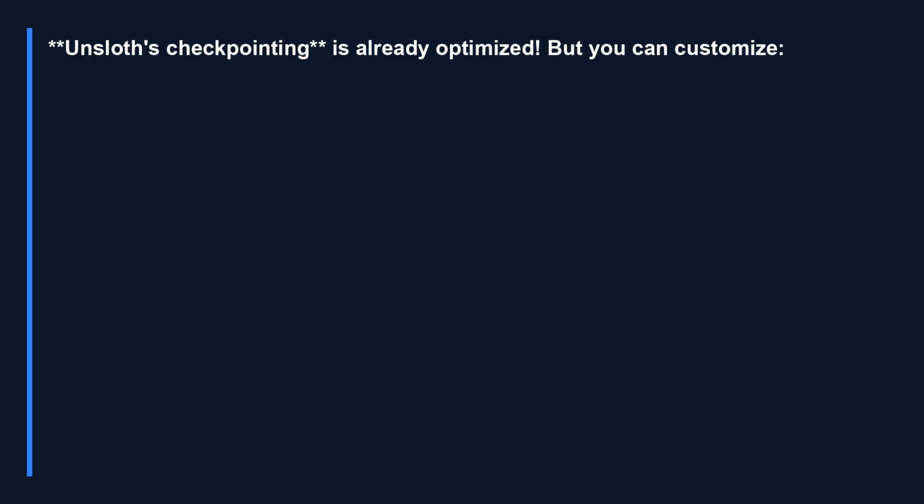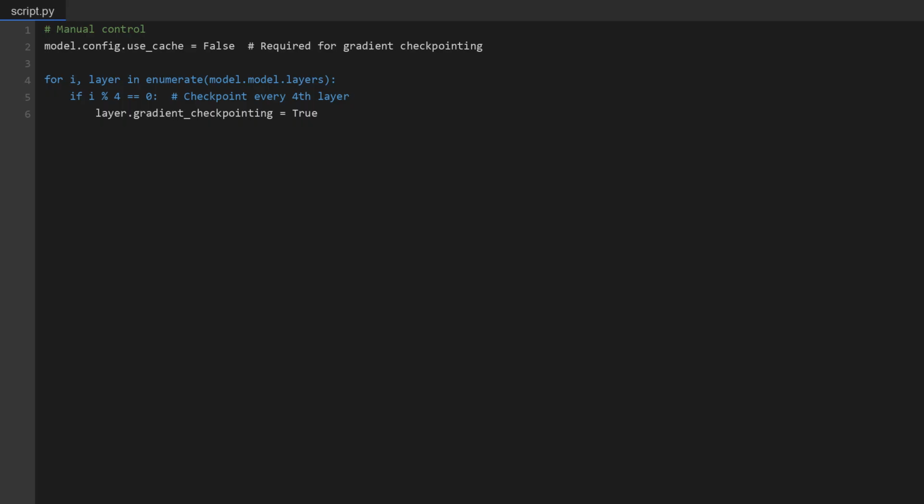That said, you can customize the checkpointing granularity when you need tighter control over the memory speed trade-off. This customization works by iterating through the model's transformer layers and enabling gradient checkpointing selectively, here every fourth layer. The critical prerequisite is setting model.config.use_cache to False.